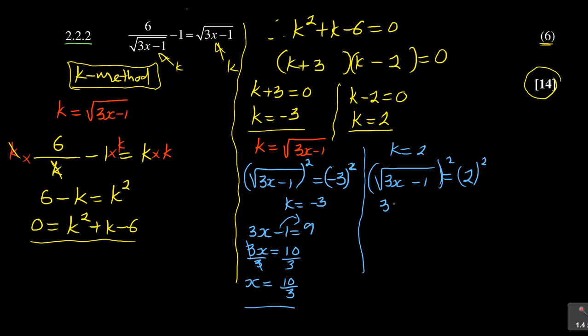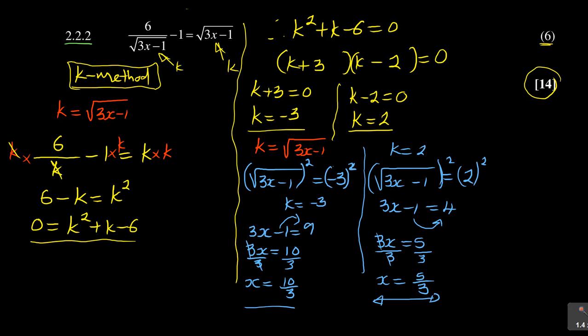That's how you get rid of that square root. 2 squared is a 4. Let 1 jump the equal sign so that 3x is equal to, it becomes positive, 4 plus 1, which is a 5. Divide by 3, and then you will have x is equal to 5 over 3. So now you have got two values of x.